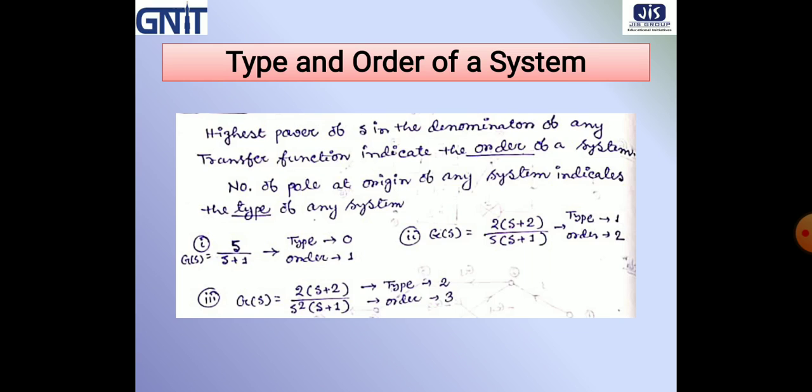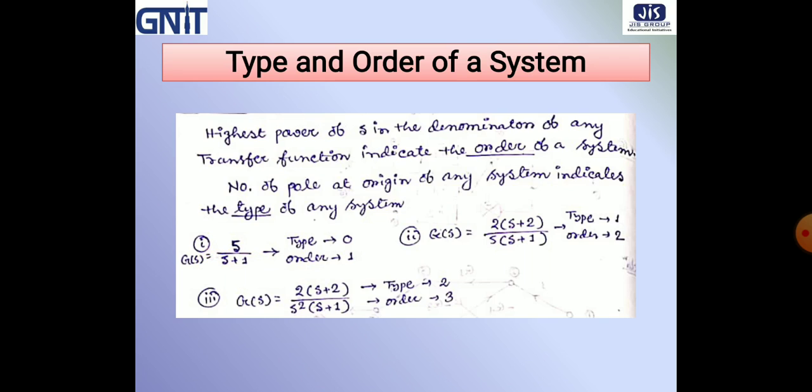Now in our previous lectures we learned how to calculate the number of poles of a system. If we consider this transfer function G(s) = 5/(s+1), to calculate the poles of the system we have to see the denominator part, that is s + 1.